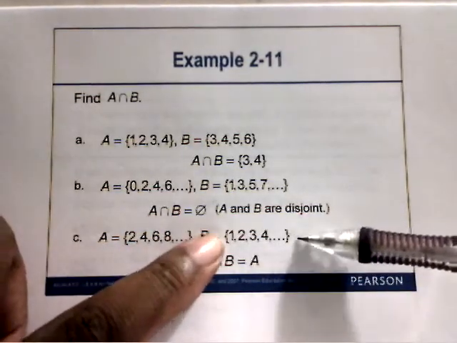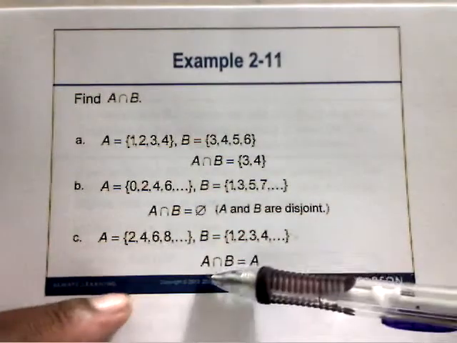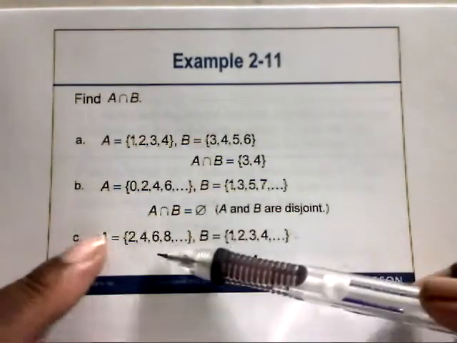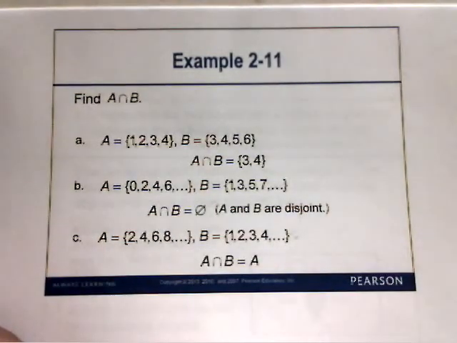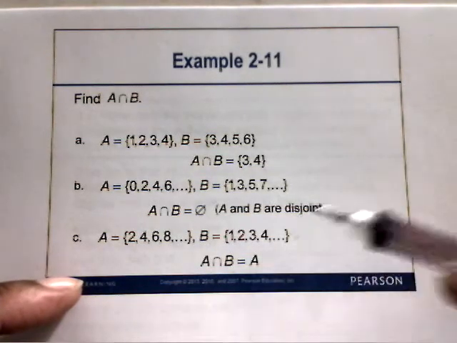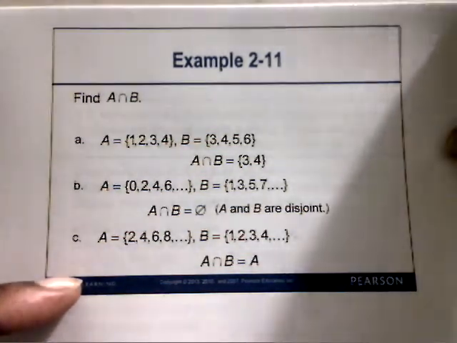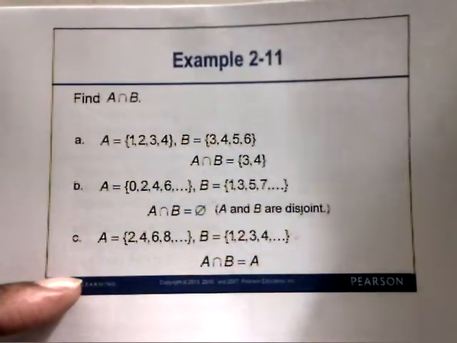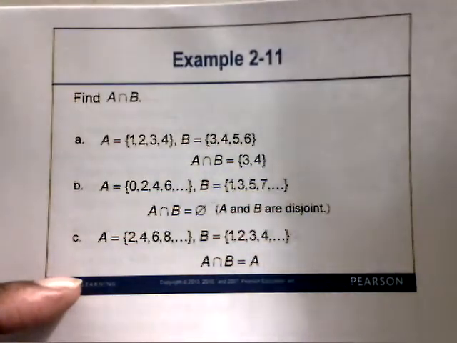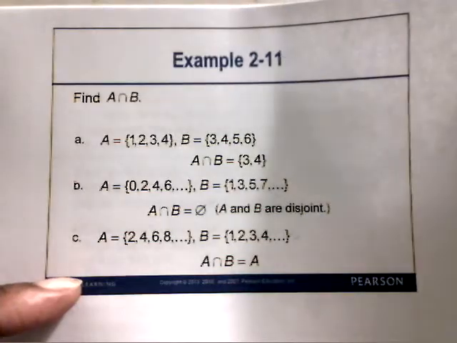Your natural numbers do contain your even numbers. So the intersection of A and B would be simply set A.